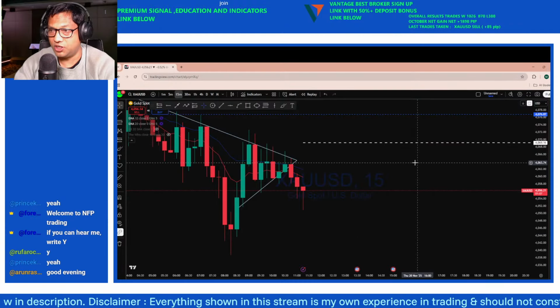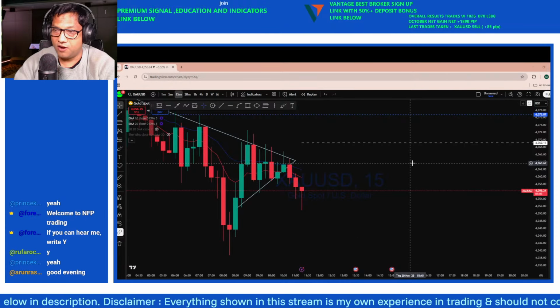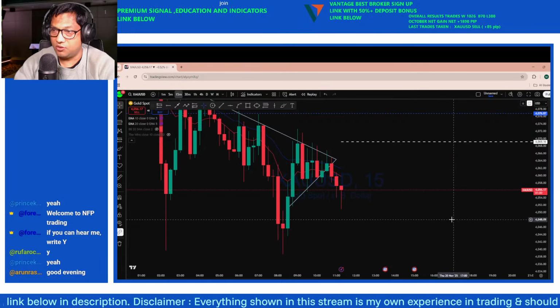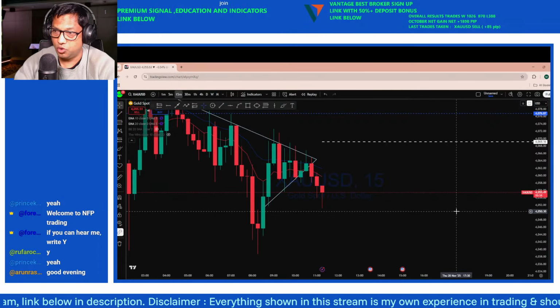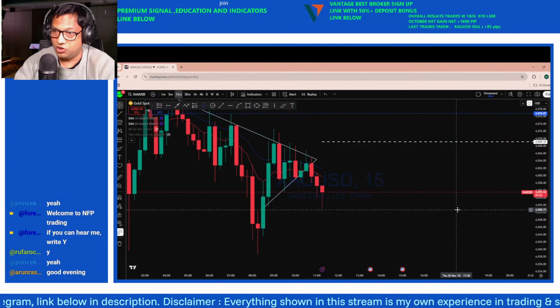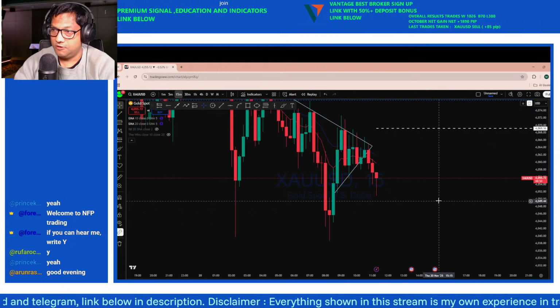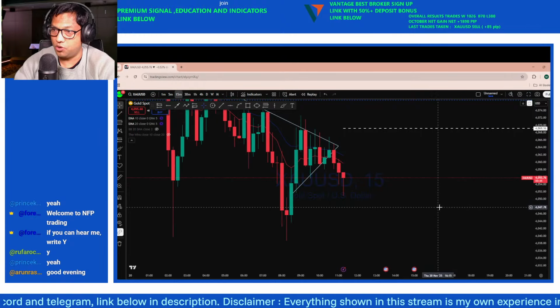So the market structure here is so far downside, and that downtrending market structure may continue to drop a little further, though you see there is an initial rejection from this previous resistance turned support.